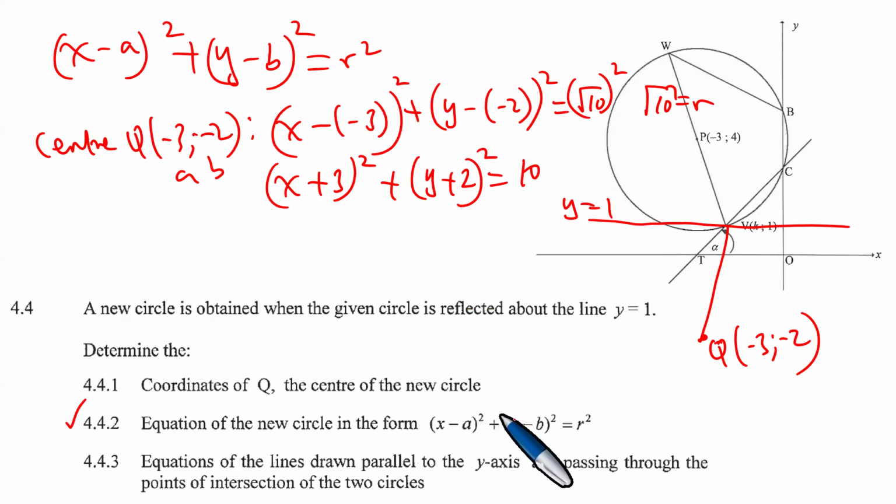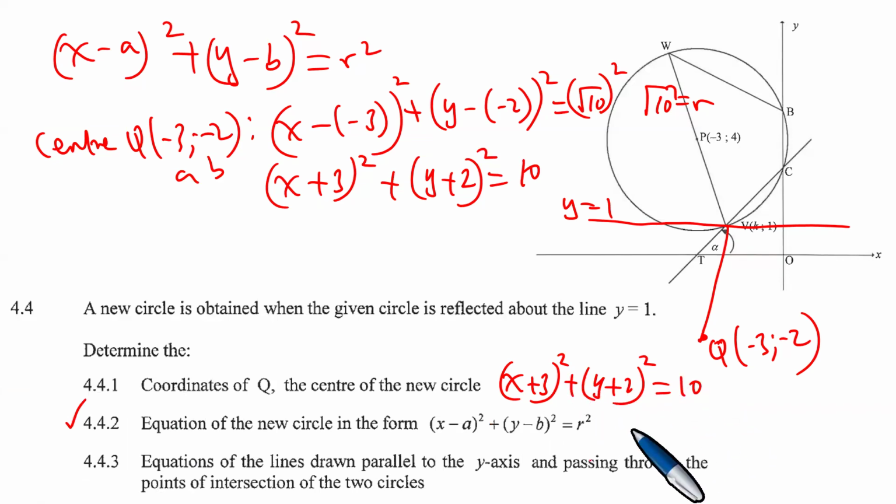I'm just sorry if we get cut and disconnected from time to time. So this is (x plus 3) squared plus (y plus 2) squared equals 10. Right, the equation of the new circle is actually this one, the new circle with center Q.